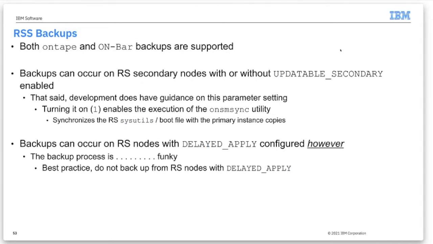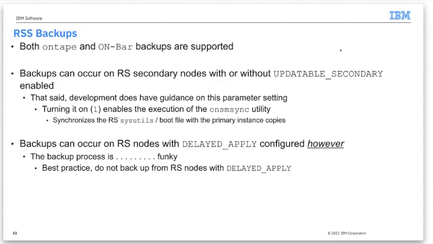That said, development does have some very specific guidance on this, and they strongly recommend, if you're doing a cluster backup, that you enable updatable secondary, because that's the process that will enable us to update and use the on-SM-Sync utility to synchronize the sysutils databases and the boot file between the RS secondary and the primary. So this is very important.